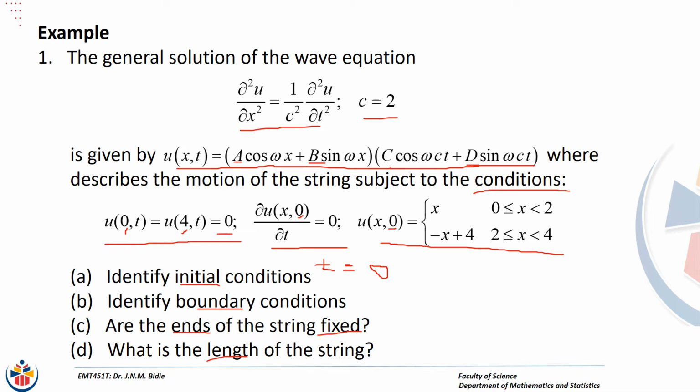Also, this is worth noting: du over dt at time t equal to 0 is equal to 0 represents the fact that the initial velocity of the string is equal to 0. So that means the string was initially at rest.